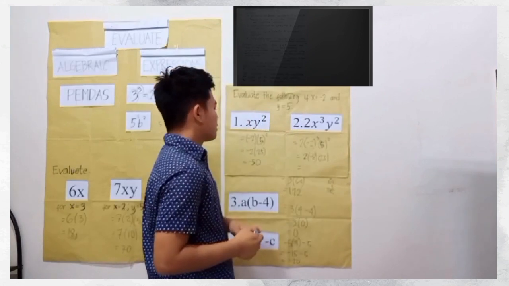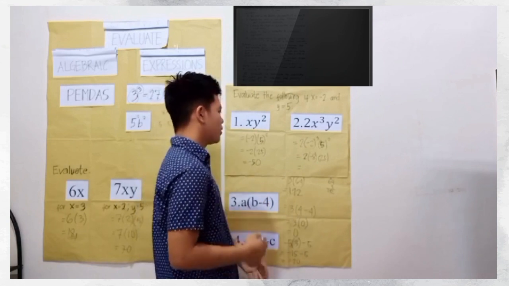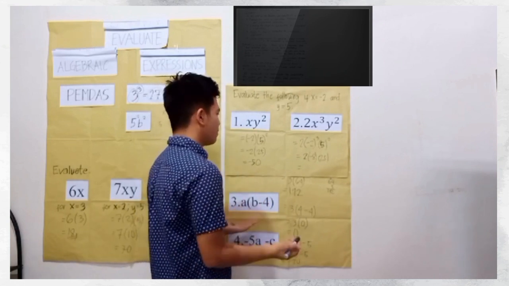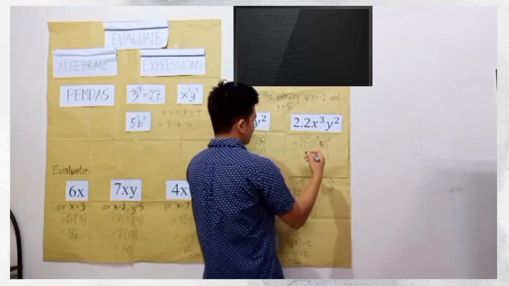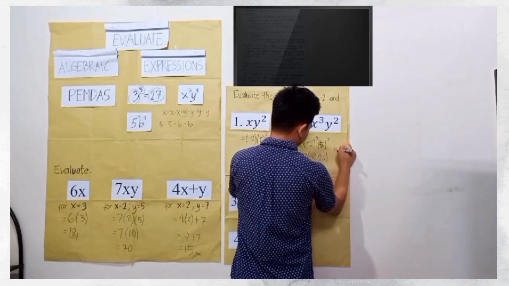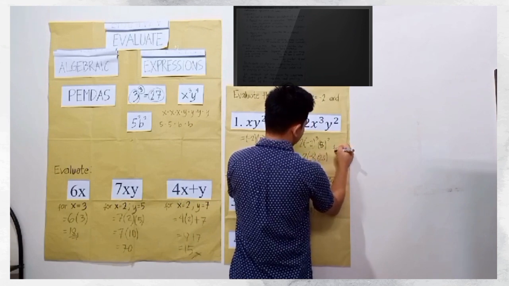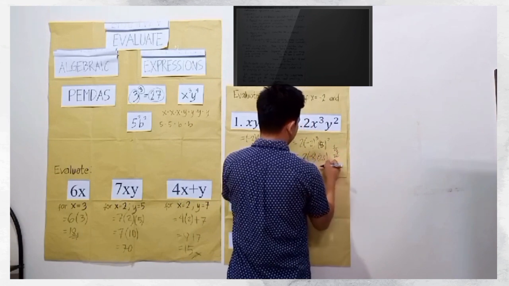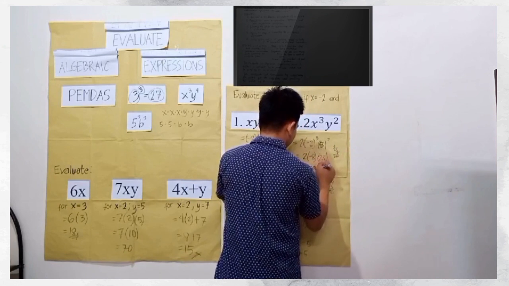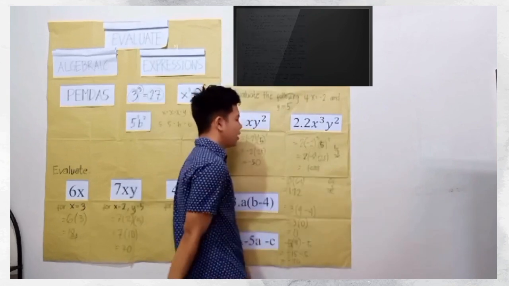Since there are parentheses, we are going to multiply them first. So negative 8 times 25. 25 times 8 is equal to 200, I mean negative 200.